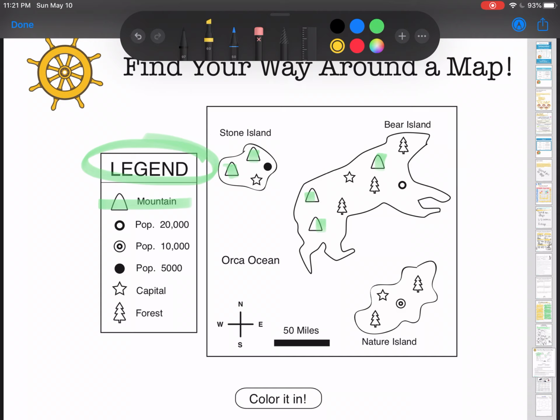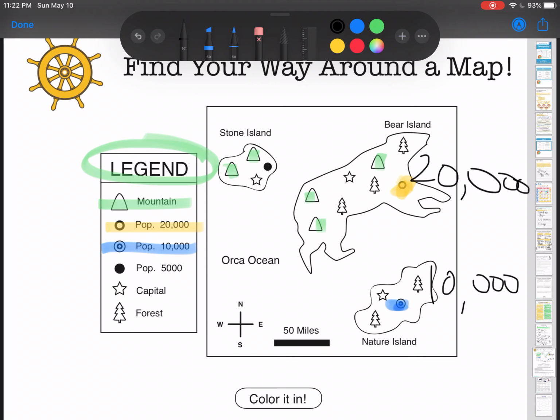So population is 2,000. So if I see this, which I see one right here, that means there's 2,000 people on Bear Island. And this one here, population 10,000. So here's that little symbol. That means that there are 10,000 people living here and 20,000 people living here.